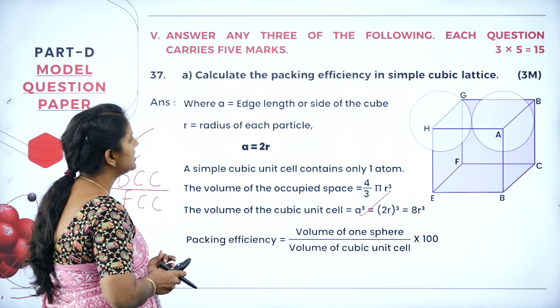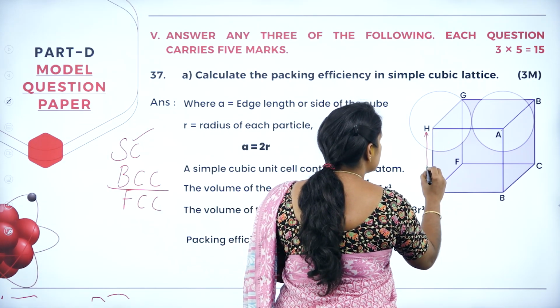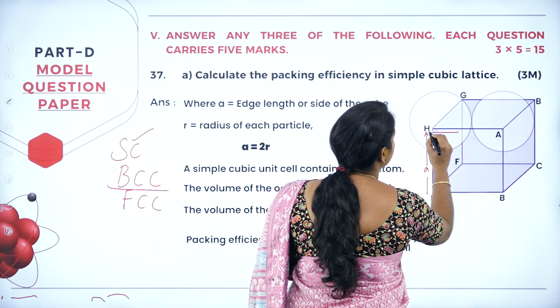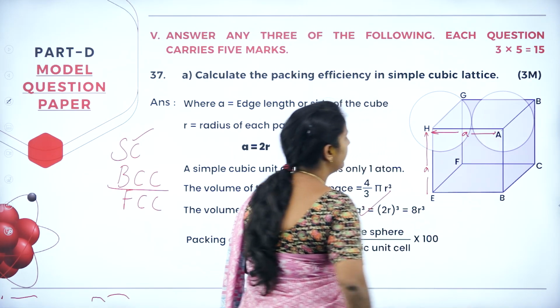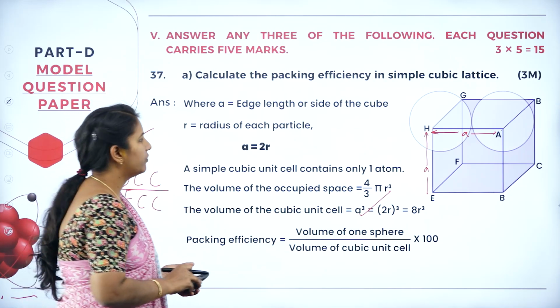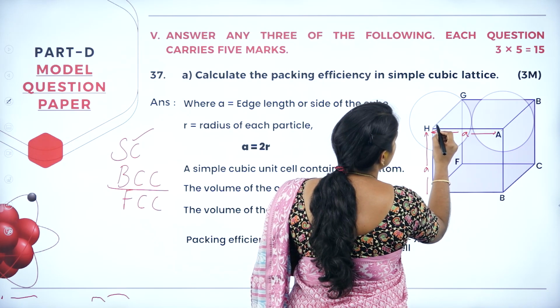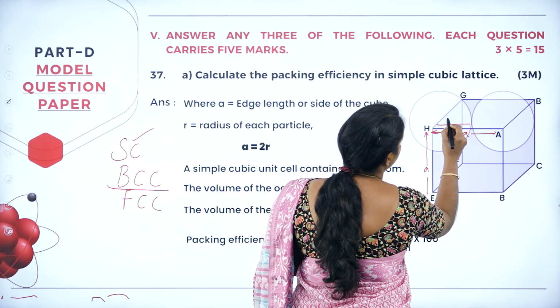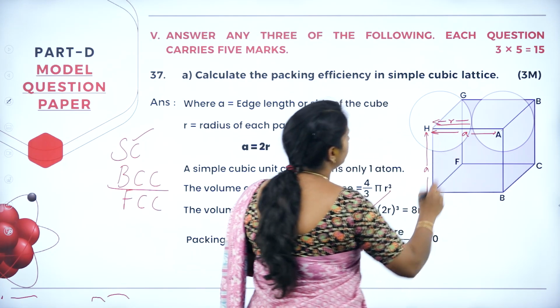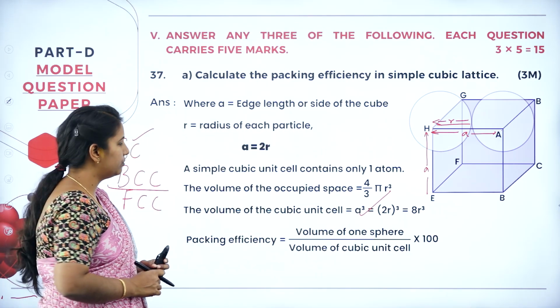A is the edge length of the whole cube, this is your edge length between the two corners, and r is the radius of the particle. This is the radius. Then we know that a is equal to 2r.